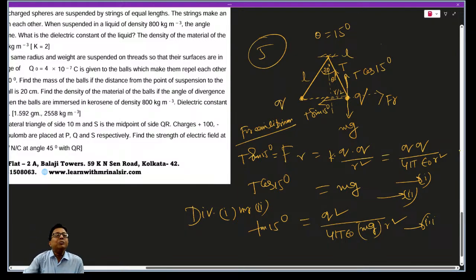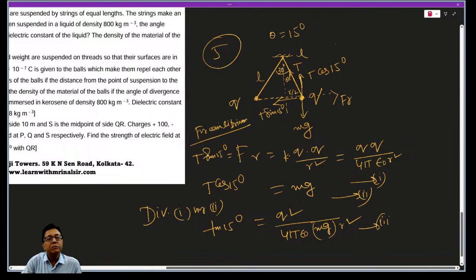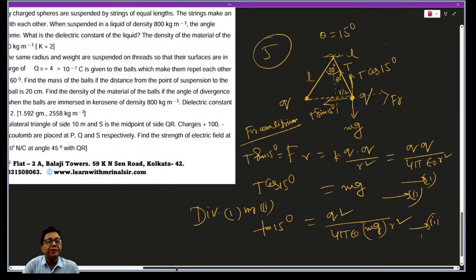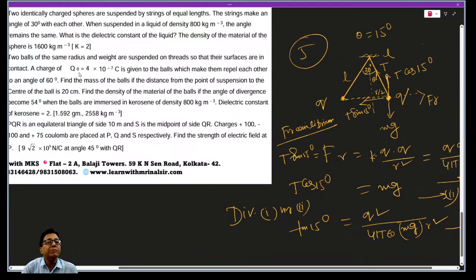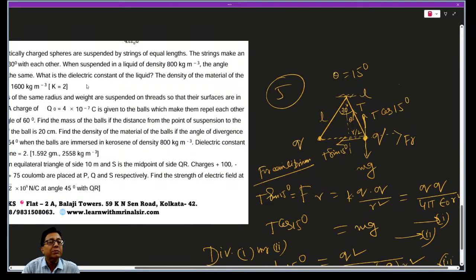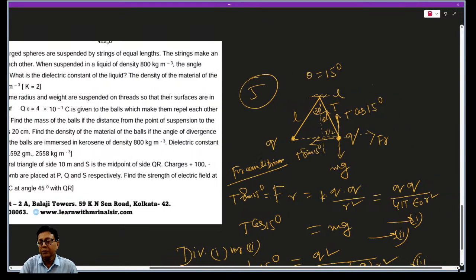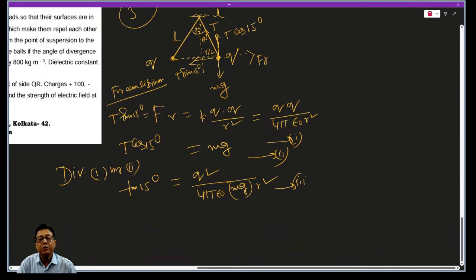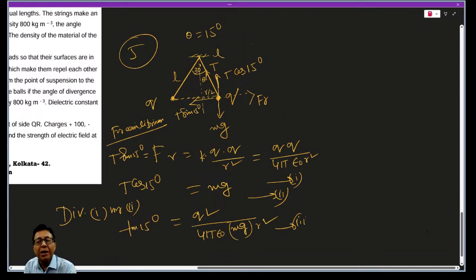Now it is going to be submerged in a liquid of density given, 1600 kg per meter cube, and the liquid 800. So I am keeping the same diagram side by side.